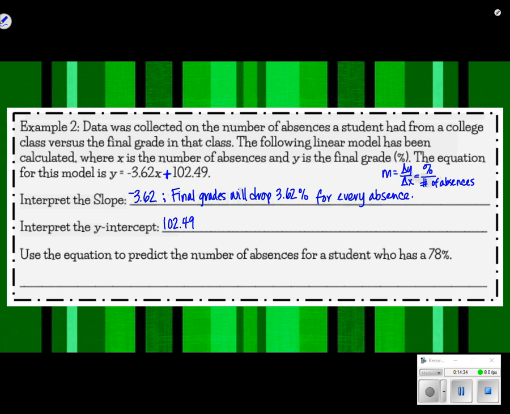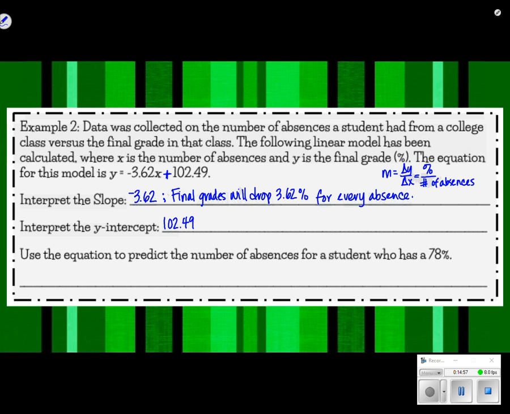Okay, now when we look at our y-intercept, that's where our x value is 0. So that means we have 0 absences, and that's why we needed to change it. At 0 absences, we should expect, it looks like, to get 102.49. Now, that may be impossible. We don't know. Maybe there's some extra credit in some classes.